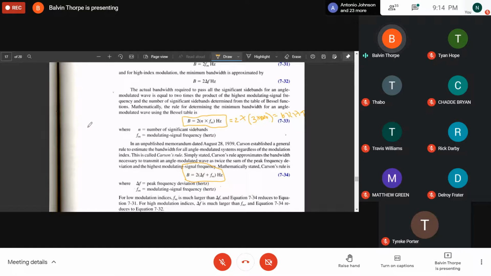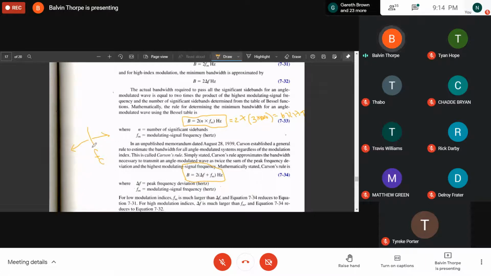Again, I show you guys something. This is a carrier frequency, FC. The modulating signal is going to cause FC to change in that direction and in that direction till it can't change any more.